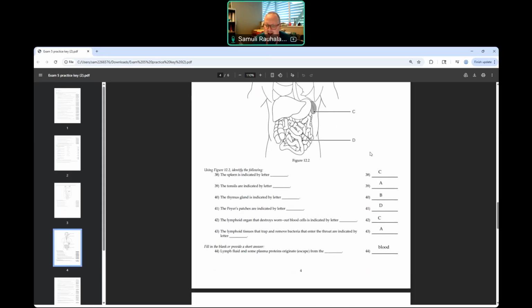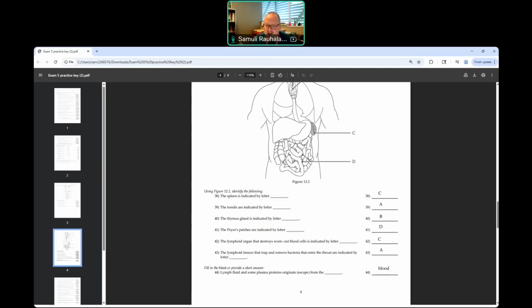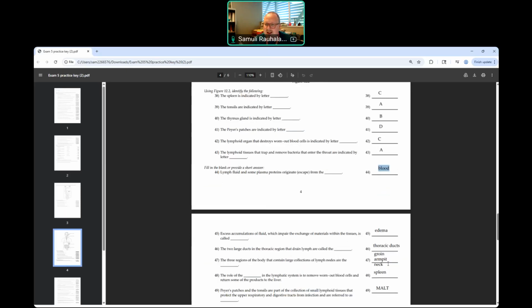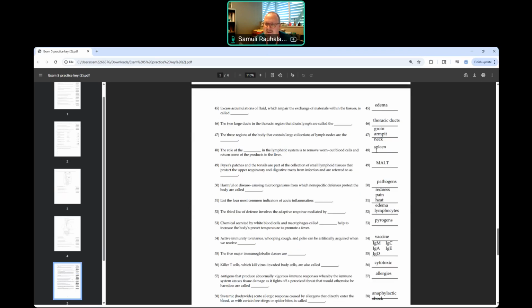Then the next question starts a series of fill-in-the-blank questions. We saw that plasma escaped from the blood and became interstitial fluid. When that was captured by lymphatic vessels, it became lymph. On the next page, the excessive buildup of fluid in this interstitial space, so space between the cells in the tissues, that was known as edema.